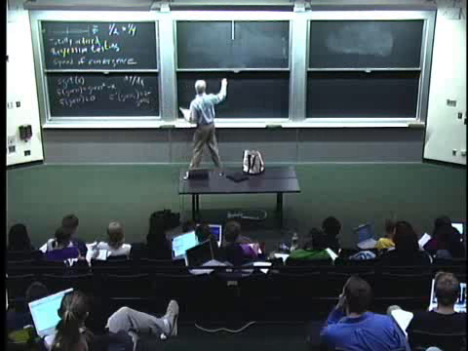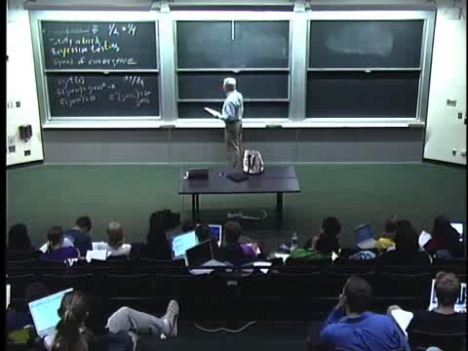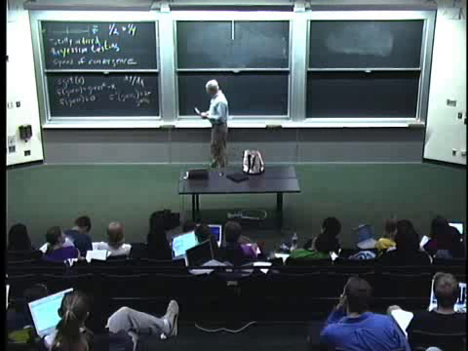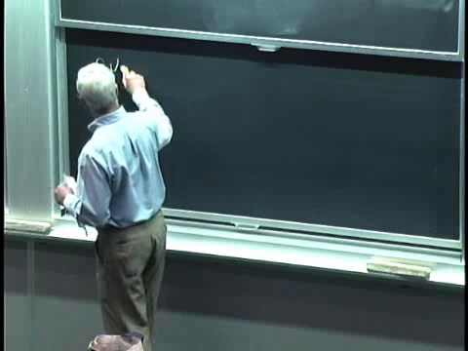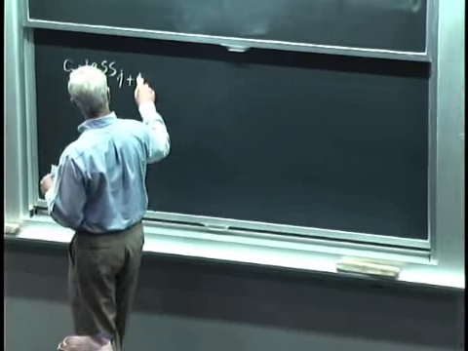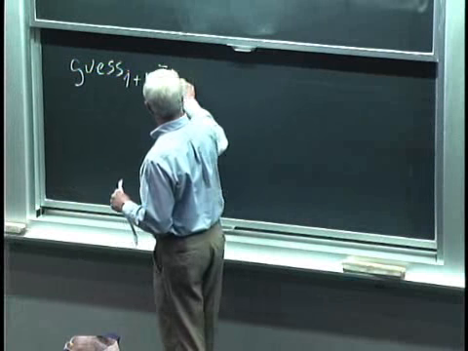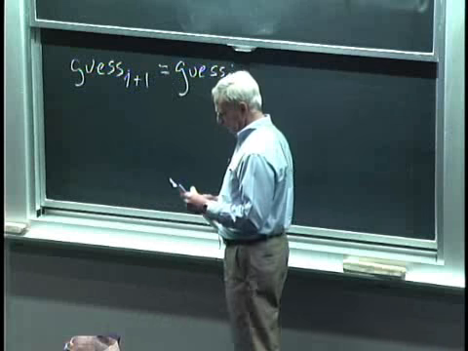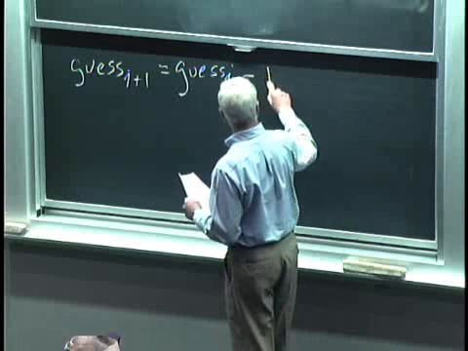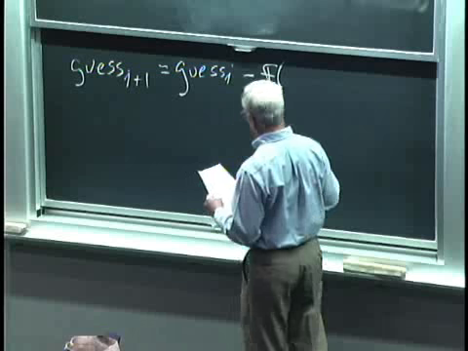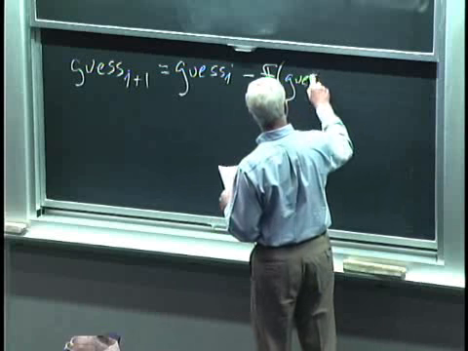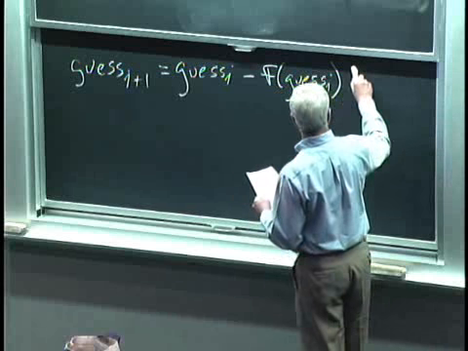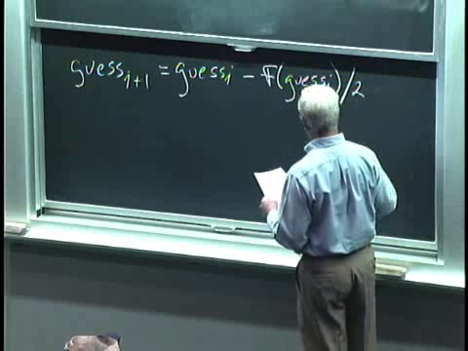Therefore, and here's the key thing we need to keep in mind, we'll know that we can choose guess i plus 1 to be equal to the old guess, guess i, minus whatever the value is of the old guess, divided by twice the old guess.